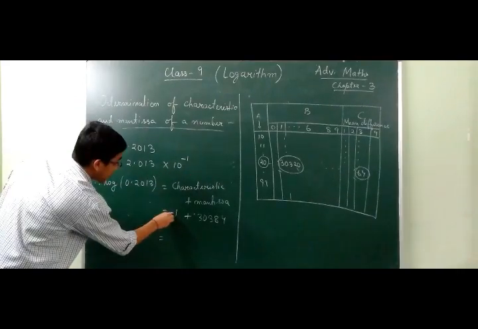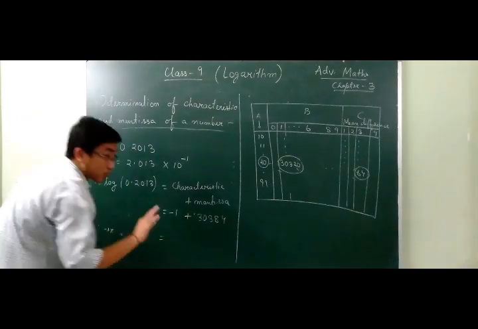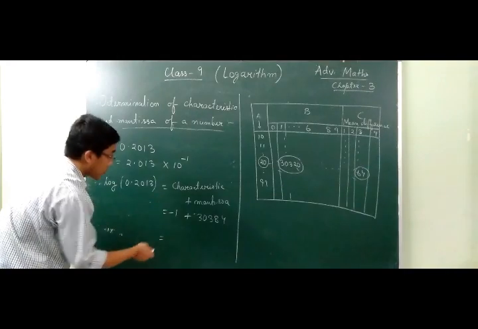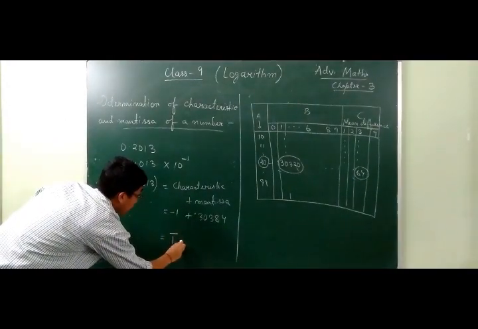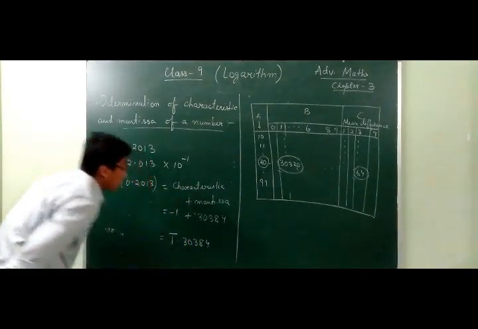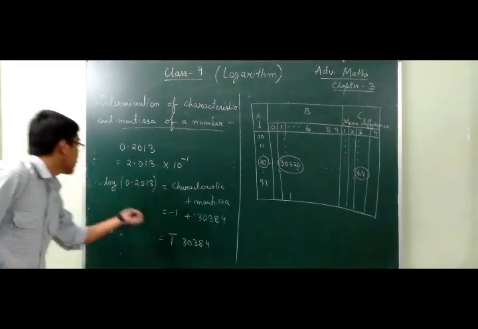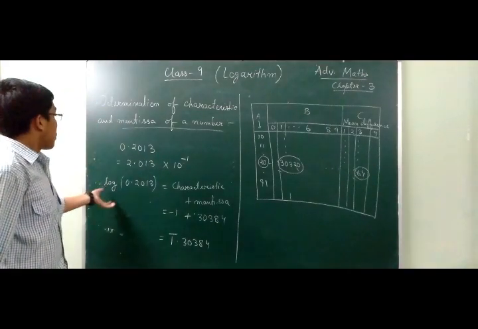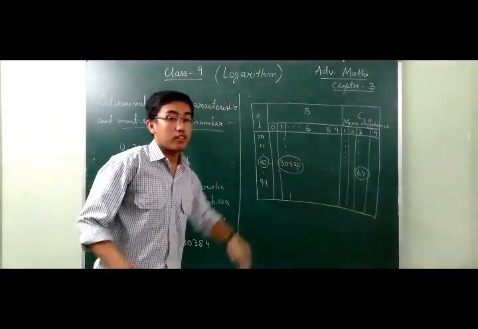That means the characteristic will become minus 1. You can write this in two ways. Either you can add and subtract and write the resultant, or to save time you can write it this way also, 1 bar dot 30384. This is the characteristic, this is the mantissa, and their sum gives me the log of this number. In this way we can find the log of a number with the help of characteristic and mantissa using the log table.